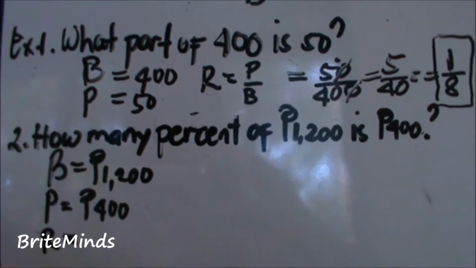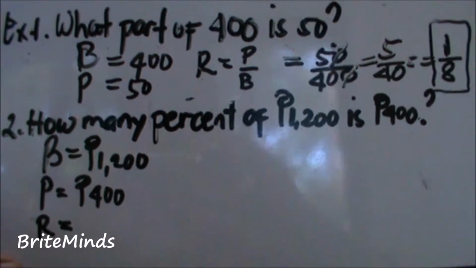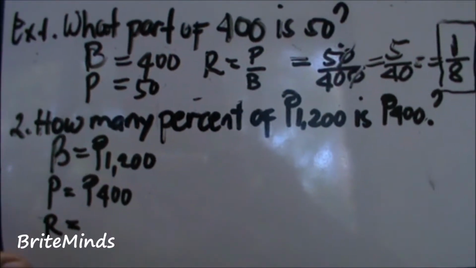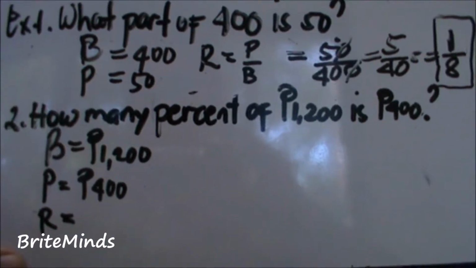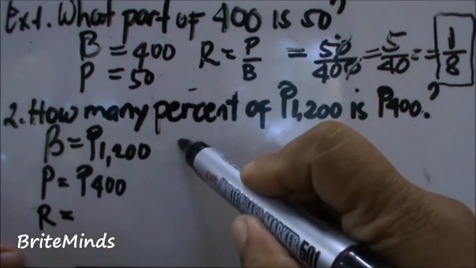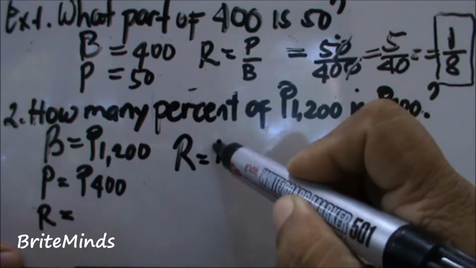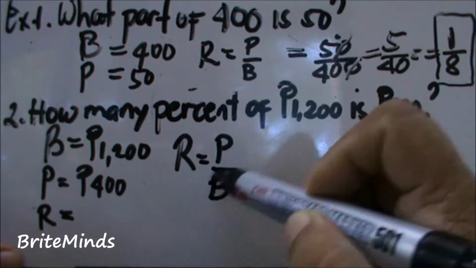Okay, so what is the rate of 400 of the whole 1,200 pesos? So we need to use again our formula. Rate equals P, or percentage, over base.